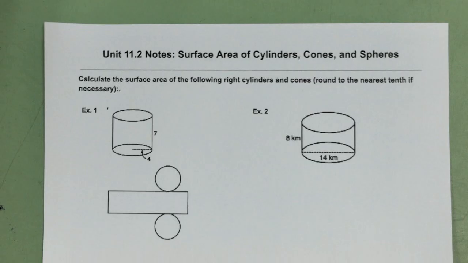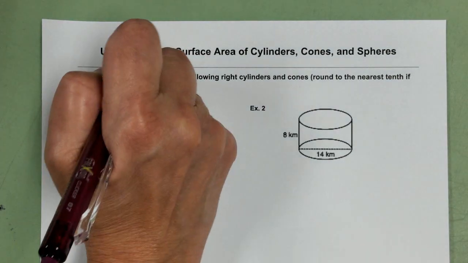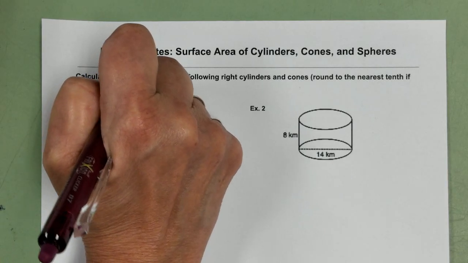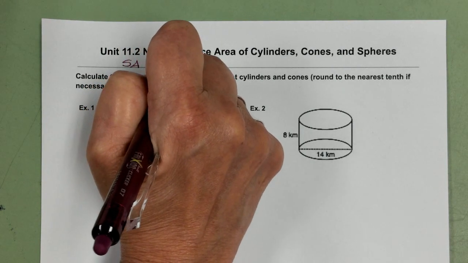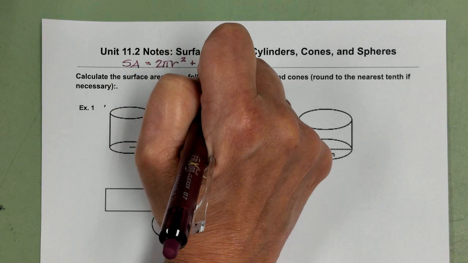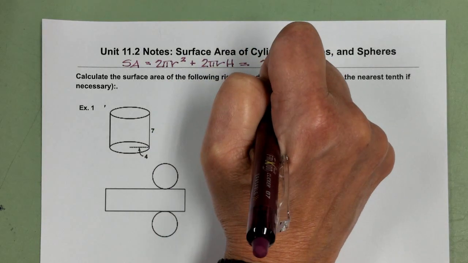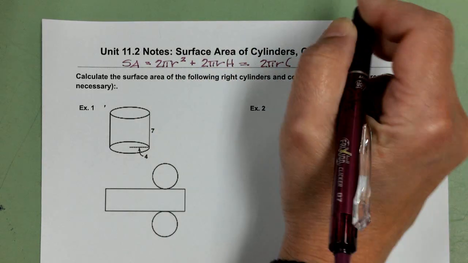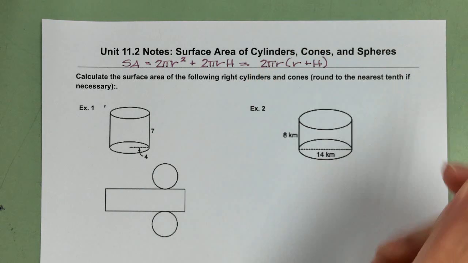Okay. So up here on the top, I'm going to go ahead and write down the surface area for a cylinder, 2 pi r squared plus 2 pi rh, which is the same as 2 pi r times r plus h.